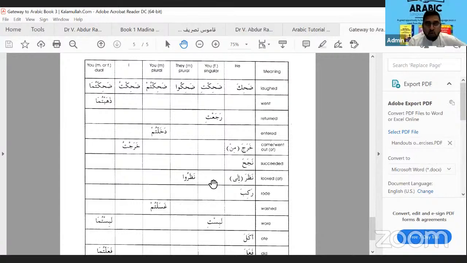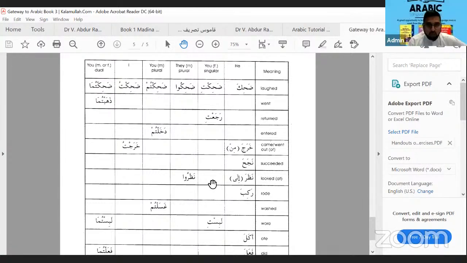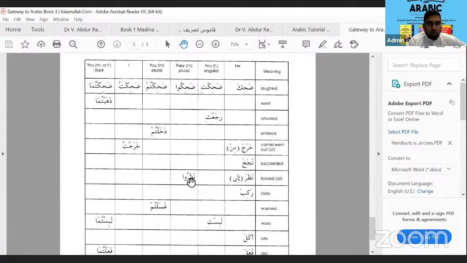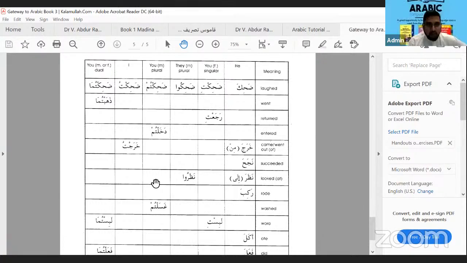What does nadarti mean? You one female looked at someone. Good boy. Next one, what does nadaru mean? They all looked at. And last one, you all boys looked. So dhahika became dhahiktum, nadara will become nadartum. MashaAllah, very good, good boy.